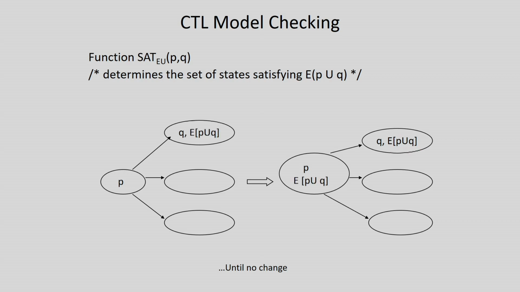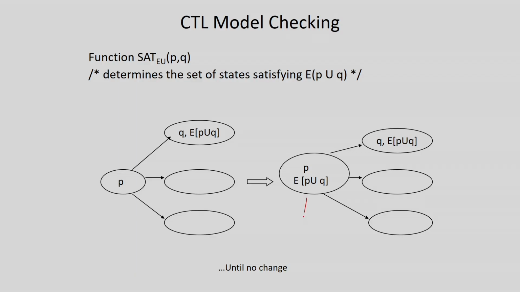If this is labeled with P and E[P until Q] and Q, and this is P, then what will happen in this particular case? In this state P is true, and there must exist one next state where E[P until Q] is true. So, we label this state also with E[P until Q]. Like that we are going to traverse the entire state space to find the set of states where E[P until Q] is true.